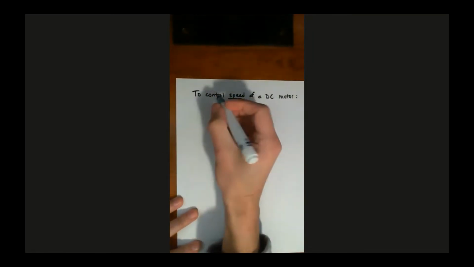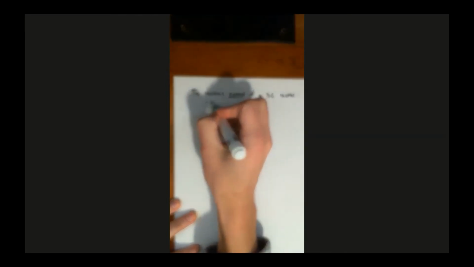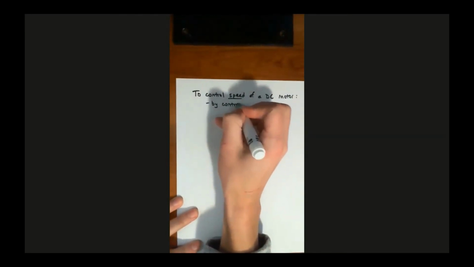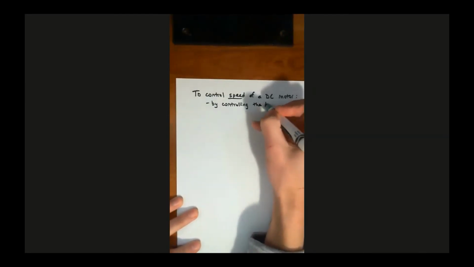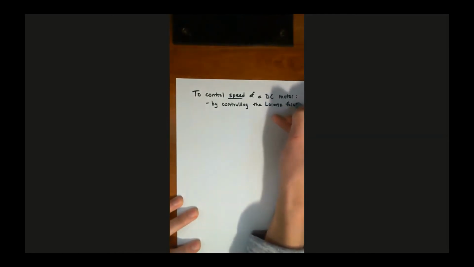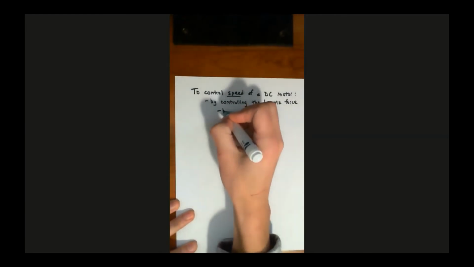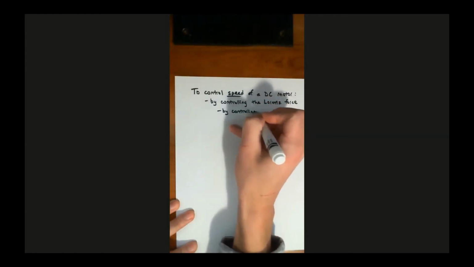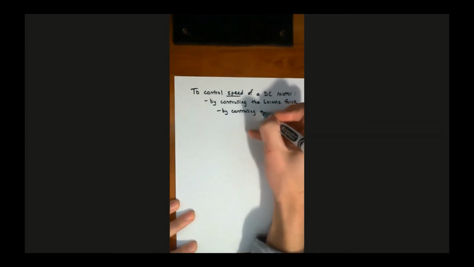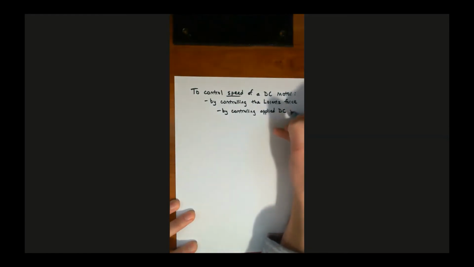So the way you control the speed of a DC motor is by controlling the Lorentz force. But you can't control the Lorentz force directly. You can only control the Lorentz force by controlling the applied DC voltage.